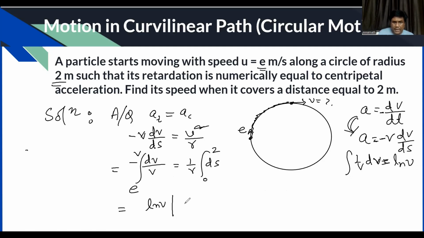So I am putting ln v, but I have to put limits also. Here it is e, here it is v, equal to, I am transferring the minus sign to this side, 1 by r, and integration of ds is s only, limit 0 to 2.